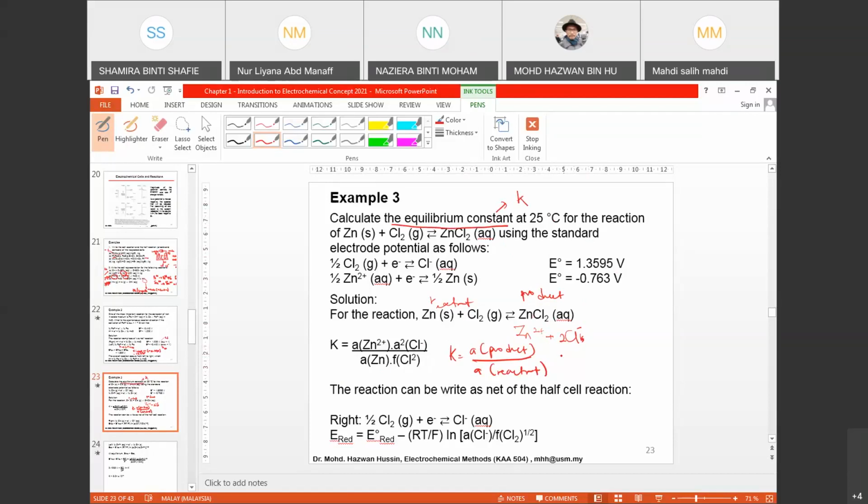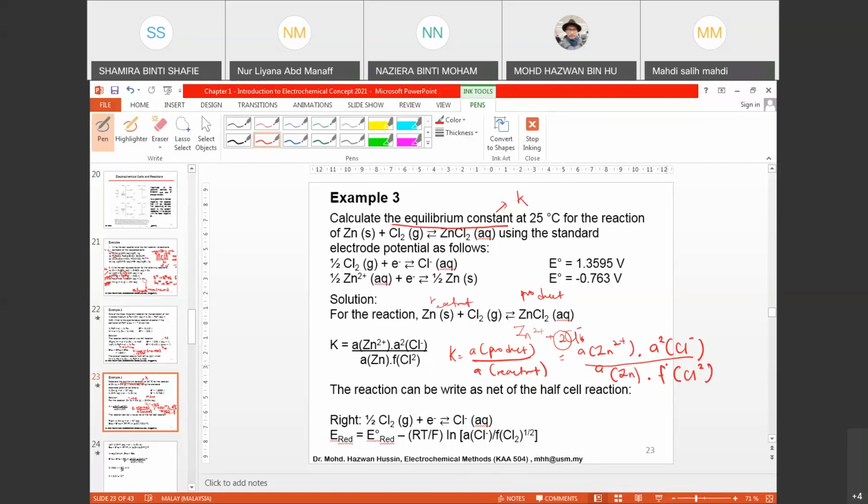So you just substitute over here, then you will see that K is equal to the activity of zinc 2+ multiplied by the activity of Cl minus, and remember you have a stoichiometry equal to 2, so you need to square it, over the activity of the reactant, which in this case is zinc, multiplied by F Cl2, because it exists as Cl2.